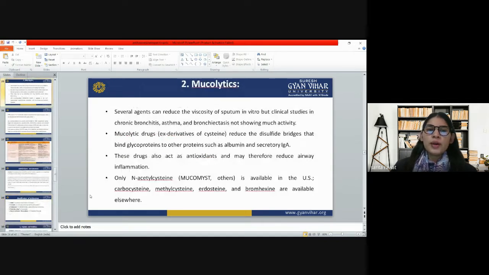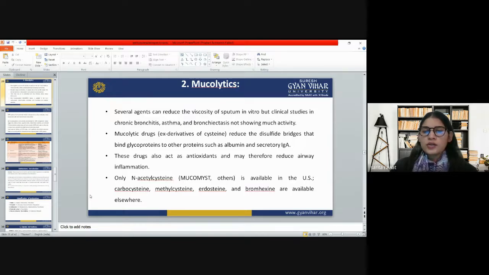Then when we talk about mucolytics, we have several agents that can reduce the viscosity of sputum in vitro, but clinical studies in chronic bronchitis and asthma do not show much activity. Mucolytic drugs that include derivatives of cysteine reduce the disulfide bridges that bind glycoprotein to other proteins such as albumin and secretory IgA.